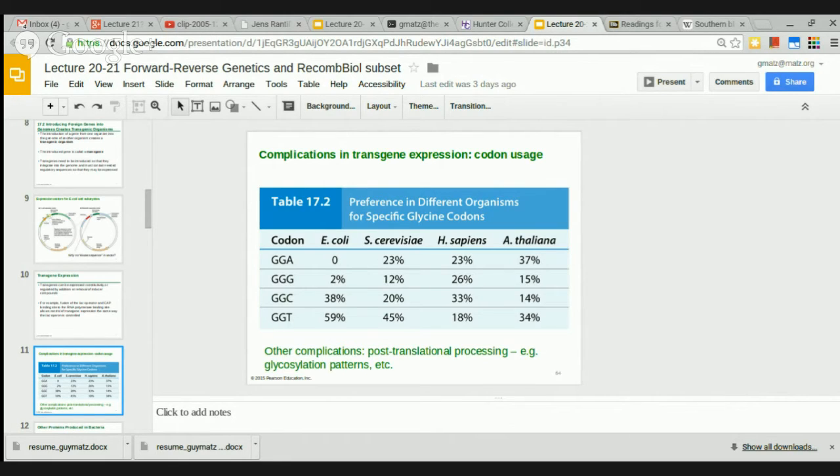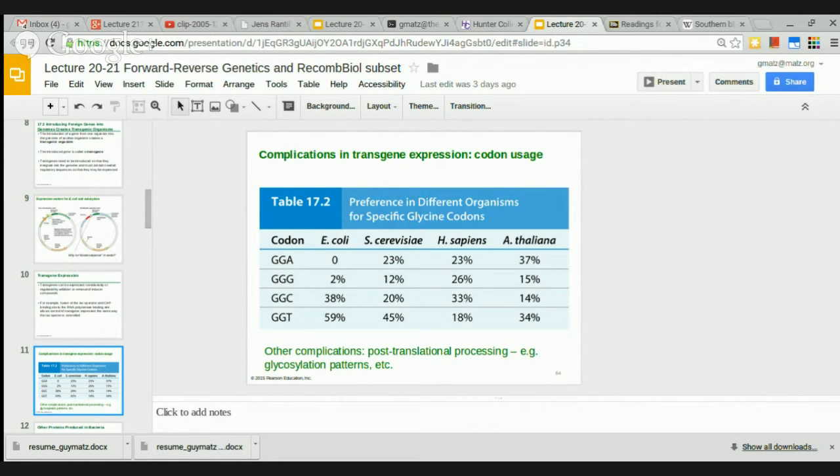There are other complications, particularly in animal cells, where a lot of post-translational processing takes place. Here I'm not talking about RNA splicing, that's post-transcriptional. Post-translational means you do things to the protein once it's made, such as adding sugars, so you get glycosylations and phosphorylations, and these are important for the function of that protein.